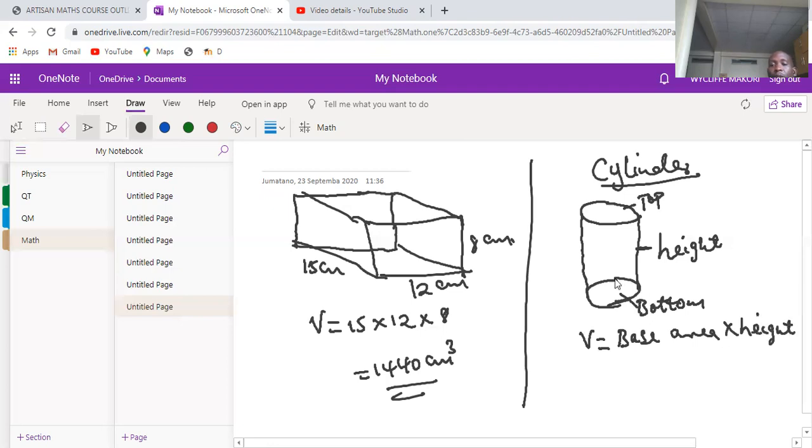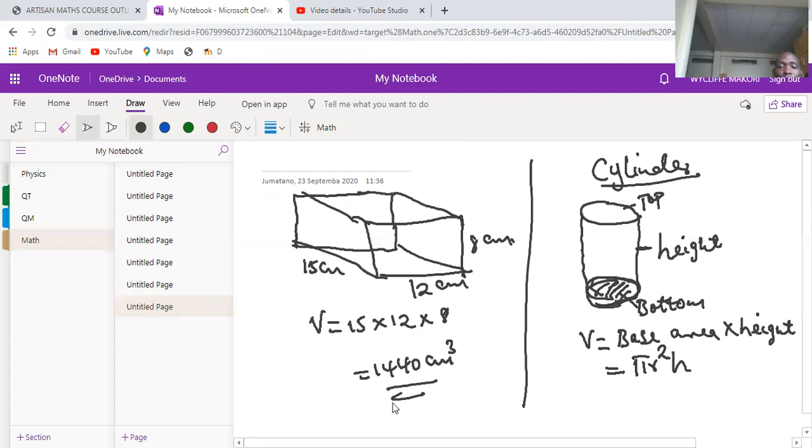Note the base is circular. Therefore, the area of a circular surface is given by pi r squared. Then we multiply by the height, which is represented by h.